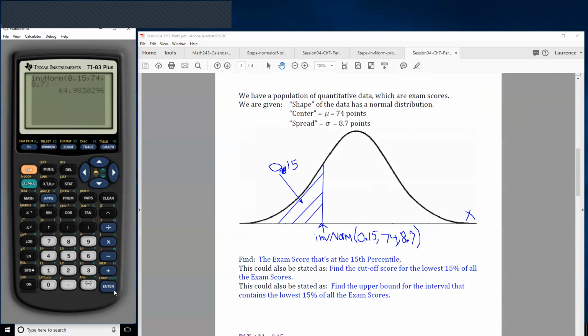Hit enter. So 64.95, is that about 65? Yeah, you could round off to 65 if you wanted. But if you want to be more accurate, you can do that too. Say, it's 64.98. Well, that'd be all right. But I'm going to round off to 65.